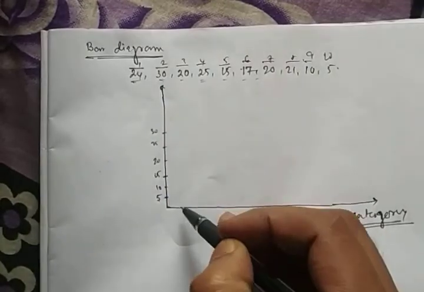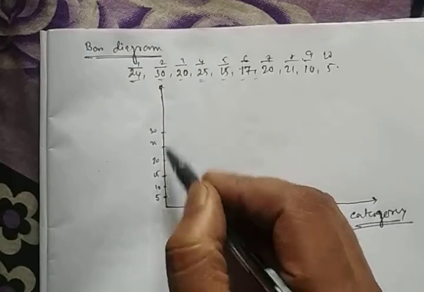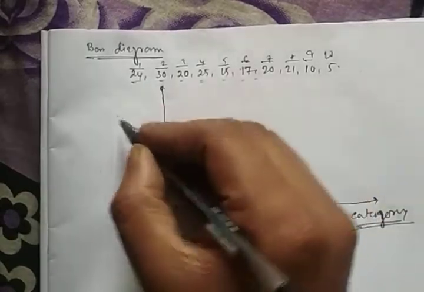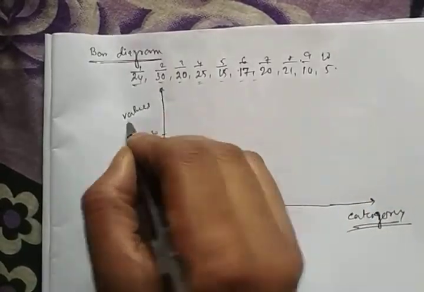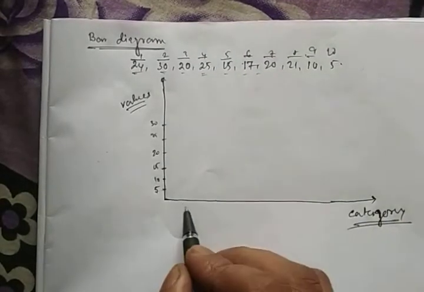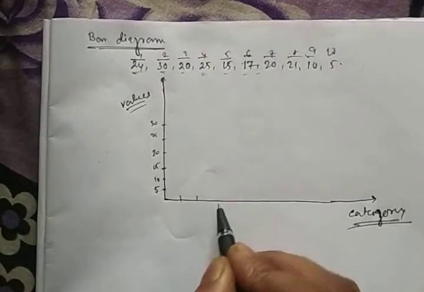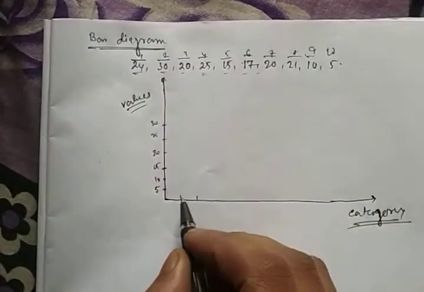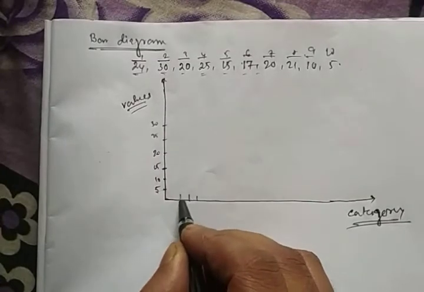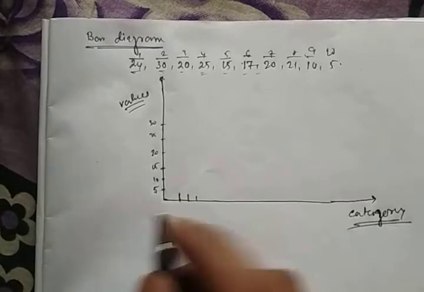This height represents the value of the given observation. On this side we will form a total of 10 rectangular figures.